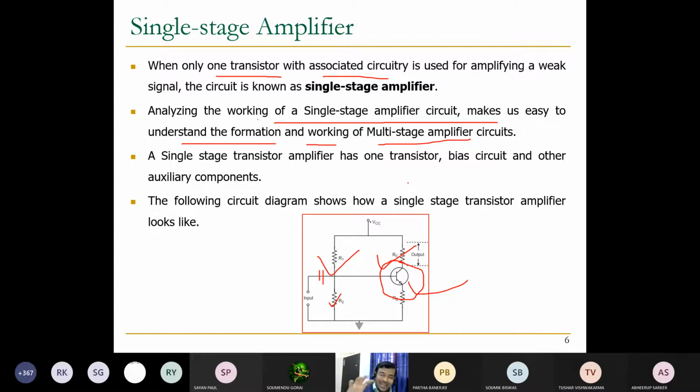But it looks like a very small circuit. If you consider another stage, where this is the first stage and its output is connected to the input of the next stage, it looks simple. You can design this circuit with the help of EDA tools.